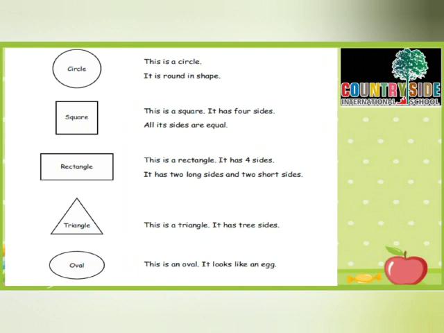This is a triangle. It has 3 sides and 3 corners. And the last one is oval. This is an oval. It looks like an egg. In the same way, you have to practice the shapes.